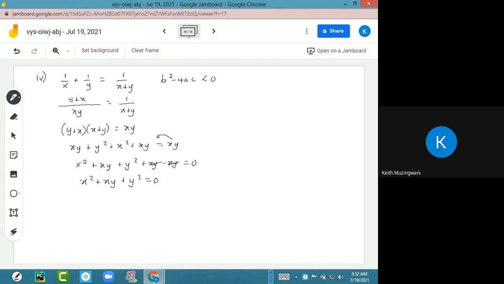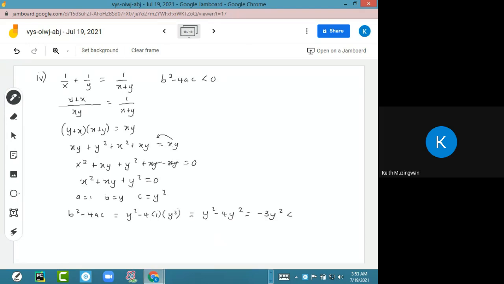Suppose x is our variable. Then a will be 1, b will be y, and c will be y squared. So we'll have a discriminant b squared minus 4ac is equal to y squared minus 4, a is 1 and c is y squared, giving us y squared minus 4y squared, which is equal to negative 3y squared.